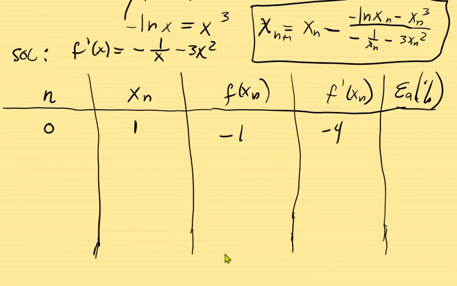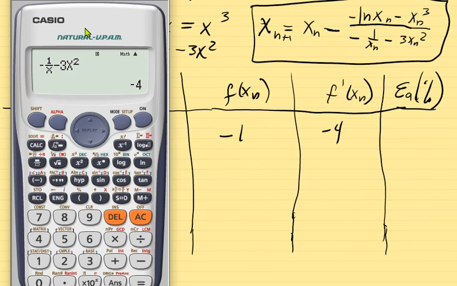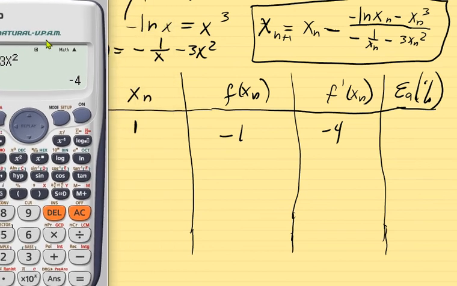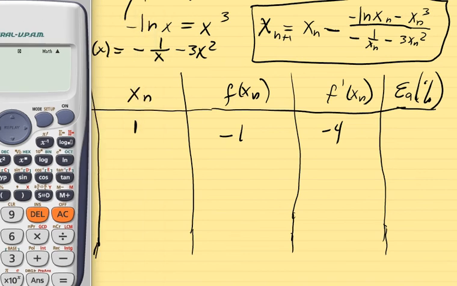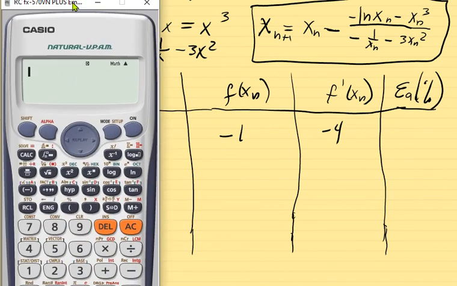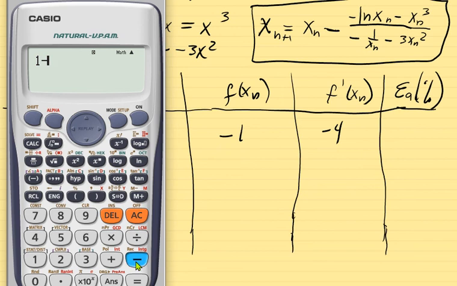Then we go to the next iteration. So we have now n equals 1. What will be our new xn? Our new xn will be equal to 1 minus f of xn, negative 1, all over f prime xn, negative 4.